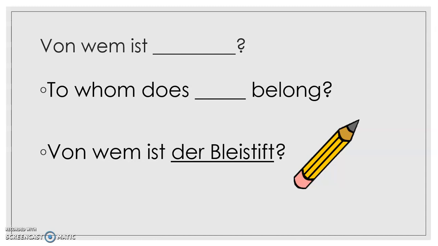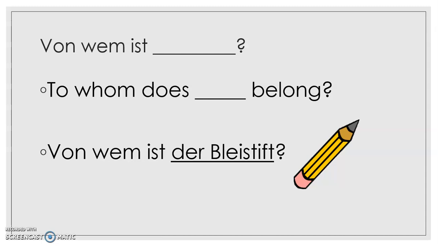So give that a shot for a second. "Von wem ist." It directly translates in English to "of whom is an object," but that sounds a little odd in English. But in German, that's what it is, "von wem ist." And in the blank, we would put the object that we are trying to figure out to whom it belongs.